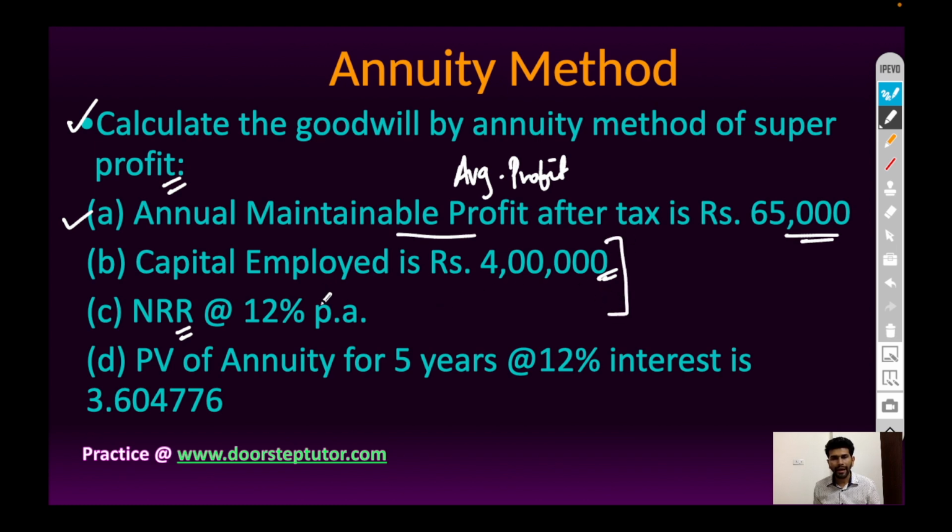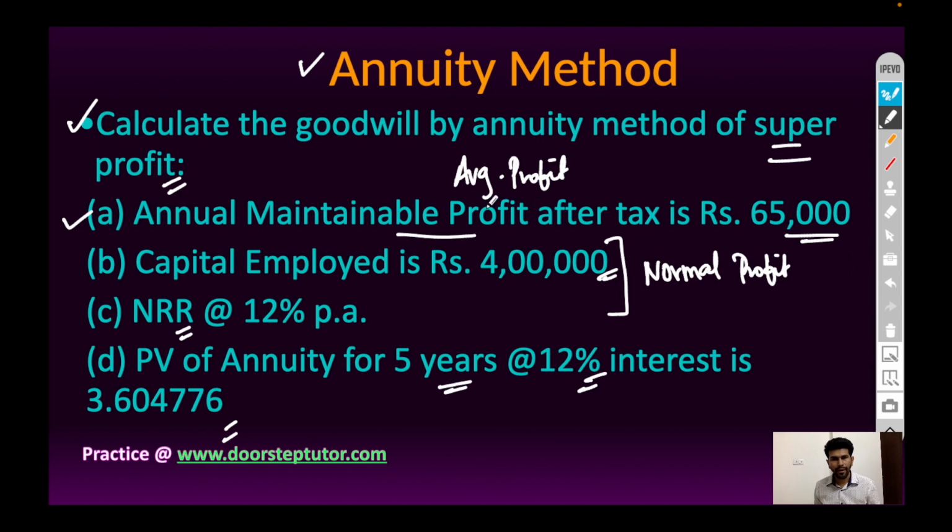By multiplying NRR with capital employed, we will get normal profit. After deducting normal profit from average profit, we will get super profit. Present value of annuity for 5 years at rate 12% interest is given. So we will multiply super profit with present value. We will get annuity amount of goodwill.